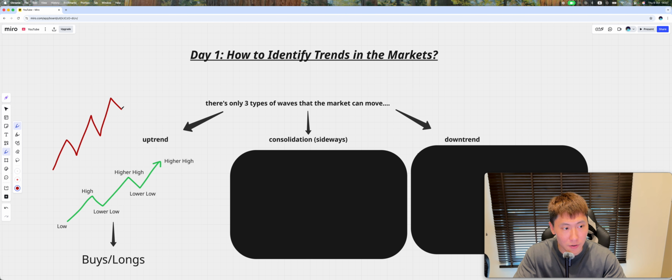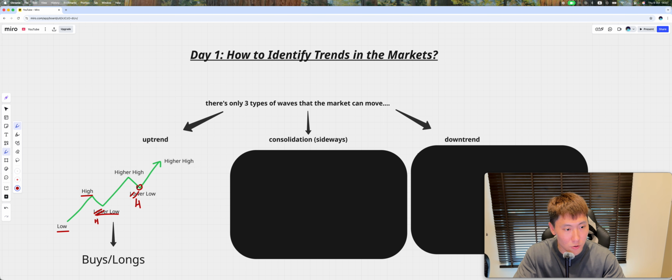What we want to identify is a low and a high. Then we want to identify a higher low. I think I have a typo, so let's just put this as higher low. What higher low essentially means is that this low is higher than this low, and this low is higher than this low.